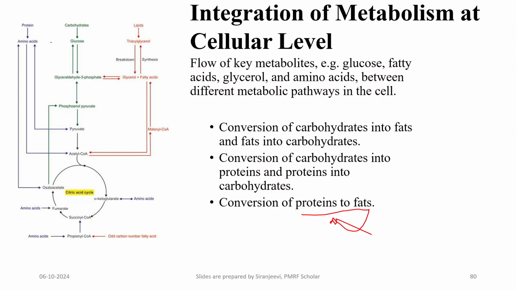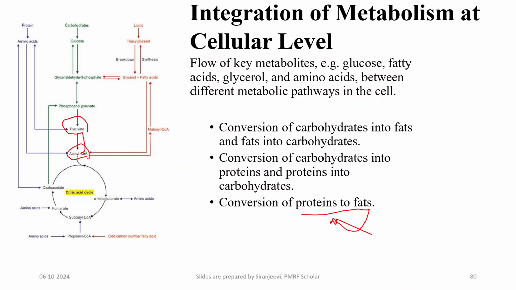So whenever any carbohydrate comes into the body, it will be converted to glucose, then finally to pyruvate. Pyruvate will be converted to acetyl CoA, then it will enter the TCA cycle, and finally go for energy production. Whereas the lipids that we take will be converted to triacylglycerol, then broken down into glycerol and fatty acids, and finally the fatty acid forms acetyl CoA.